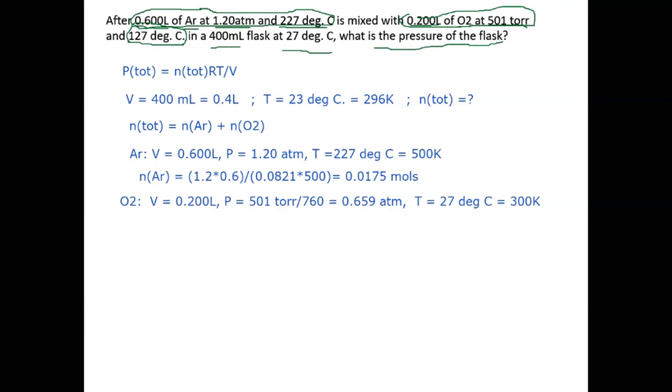Now we can calculate the moles of O2. So we get 0.2053.